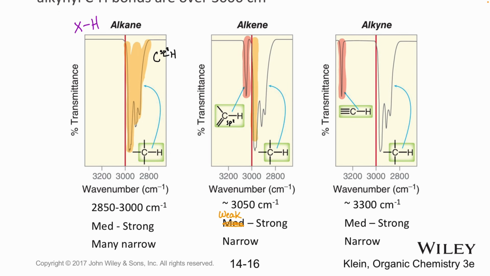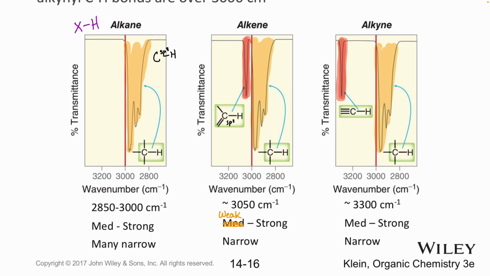All of these examples contain those sp3 hybridized carbons and their hydrogens. But if we have an alkene, we have another one just north of that 3,000 marker. And if we have an alkyne, it's even further, around 3,300, indicating that sp hybridized carbon with its hydrogen.